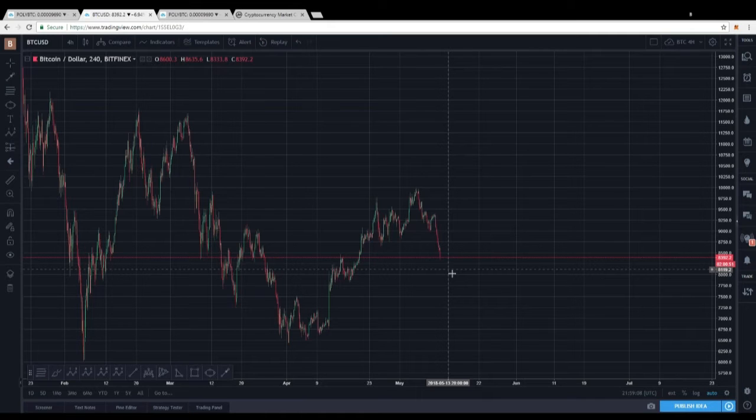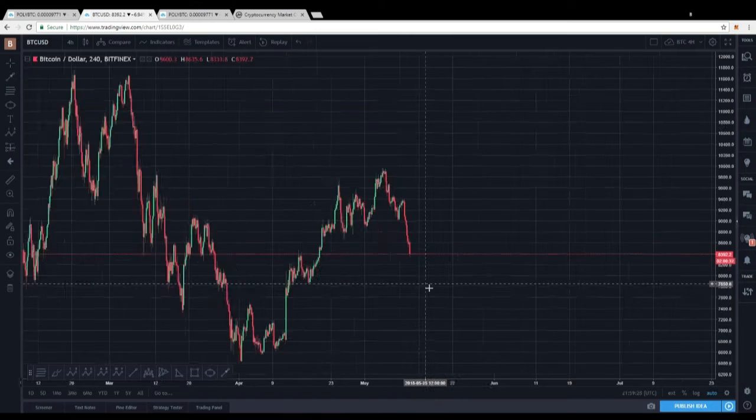So you want to gauge out what you're looking at first, guys. This is where we're working, this area right here. We're currently on the Bitcoin versus US dollar 4-hour scale using the Bitfinex exchange information.